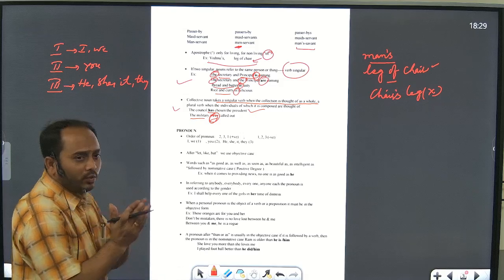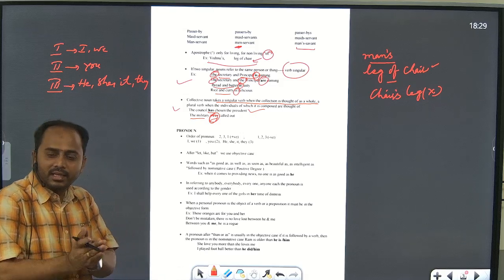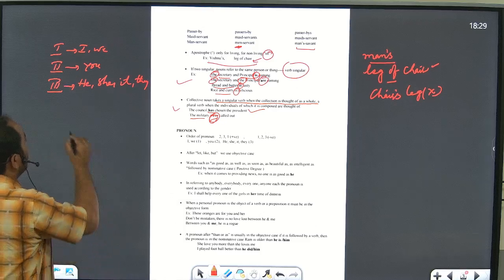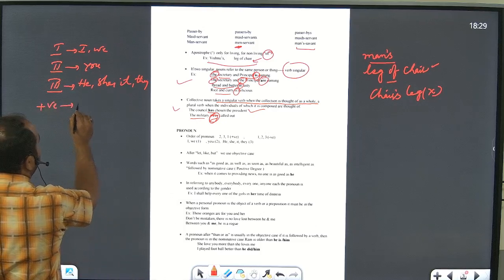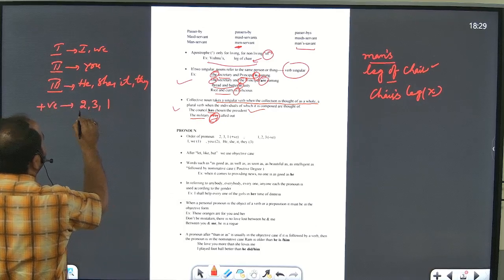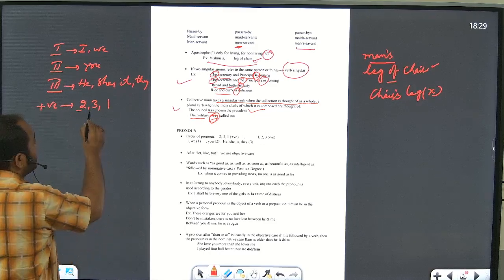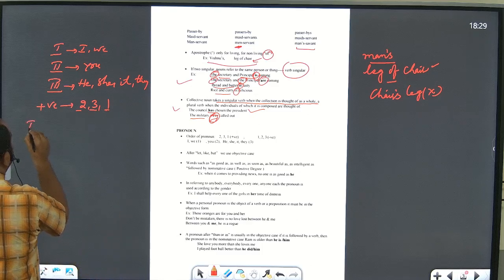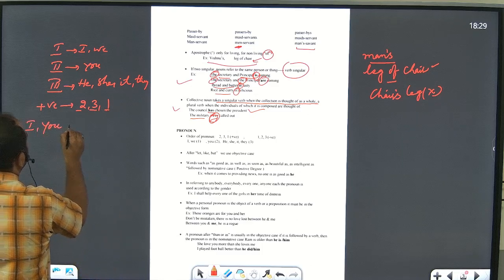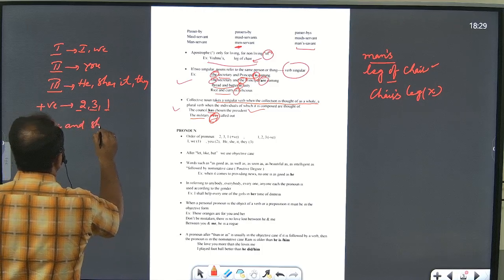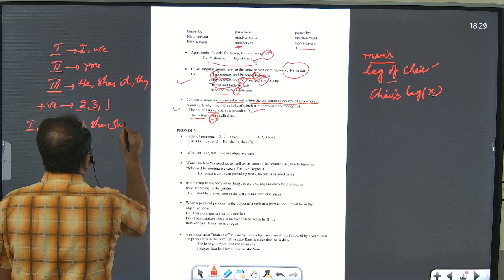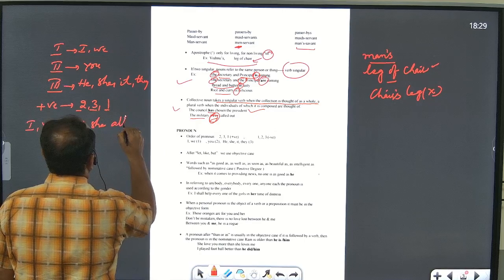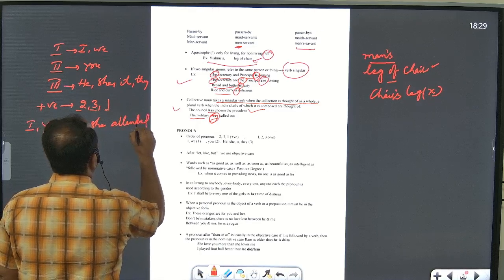So when you want to add more than one person in a single sentence, what would be the order? If it is a positive sentence, you should add 2, 3, 1. That means first second person, next third person, next first person. See, suppose I, you and she attended the party.